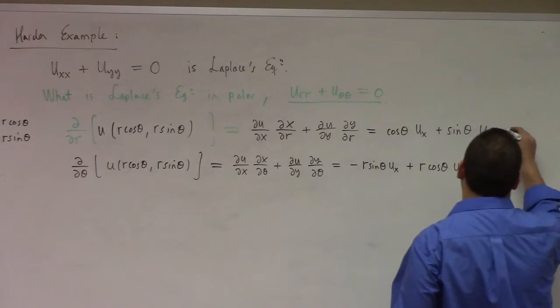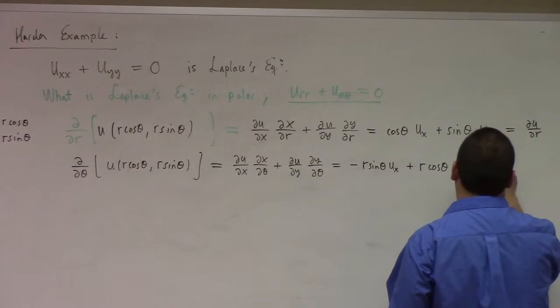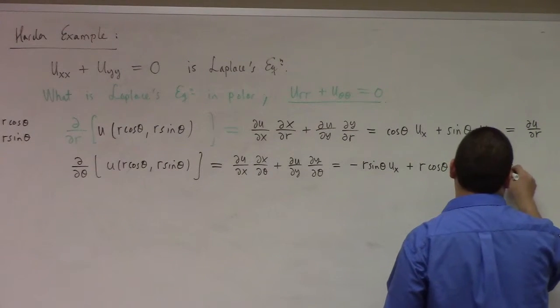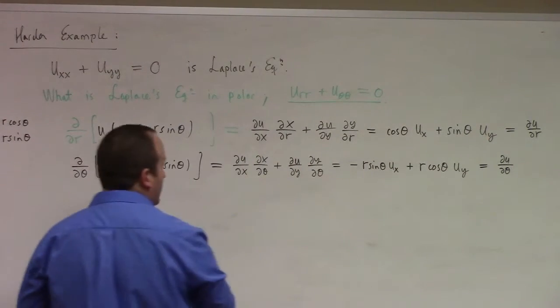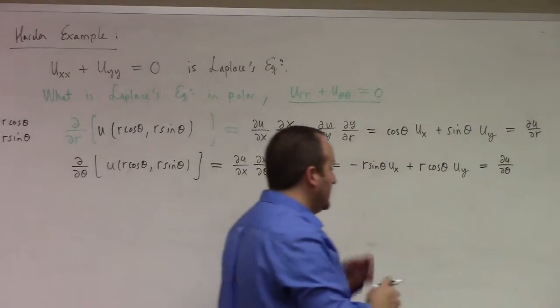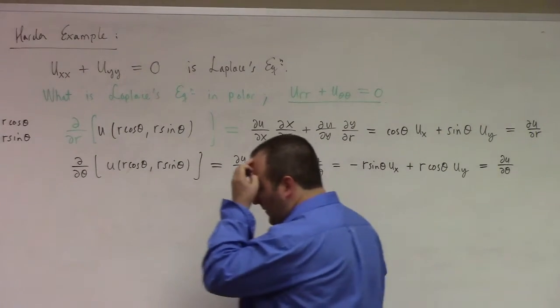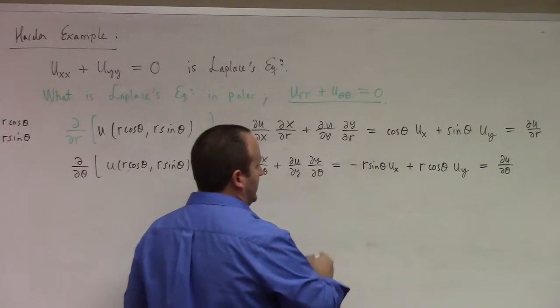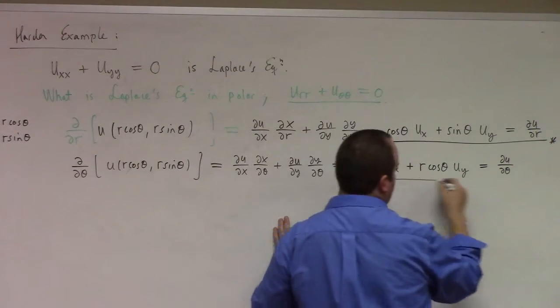So, this is partial u, partial r. This is partial u, partial theta. Now, from these, you can extract relations, you can rewrite the derivative operators, one in terms of the other. Let me call this equation star, star.